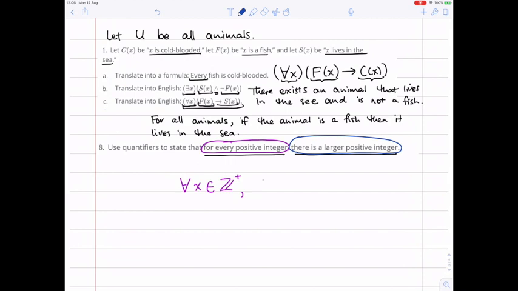Let's call this larger positive integer y. So there exists a y in the positive integers such that y is greater than x.